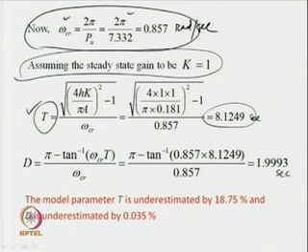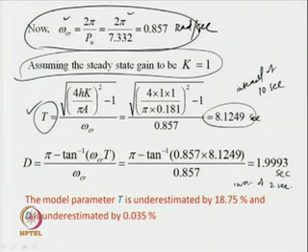Thus, the process model parameter time constant is found to be of value 8.1249 seconds instead of the actual value of 10 seconds, and the time delay is of value 1.9993 seconds in place of 2 seconds.